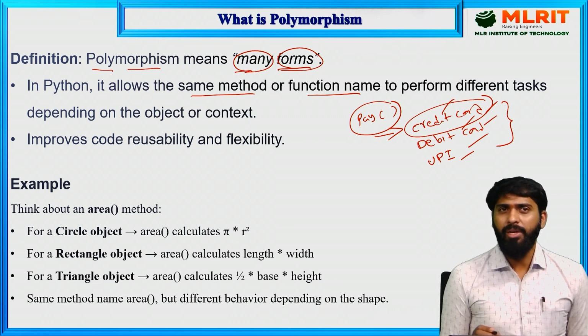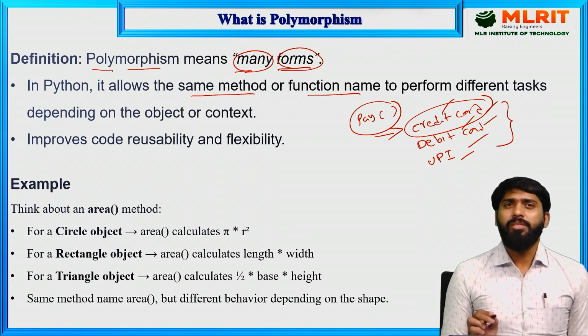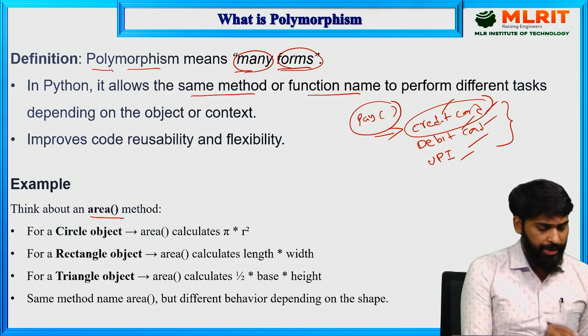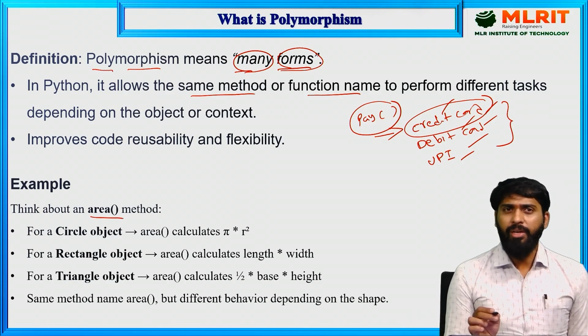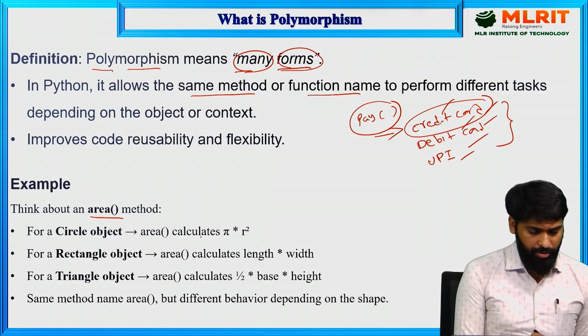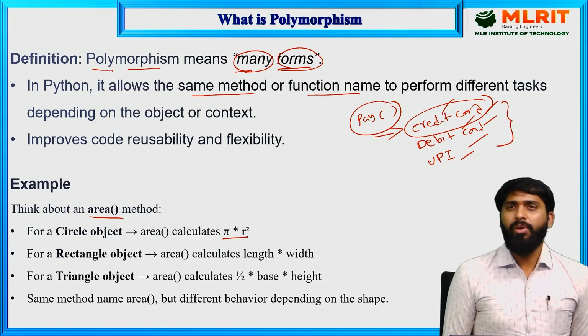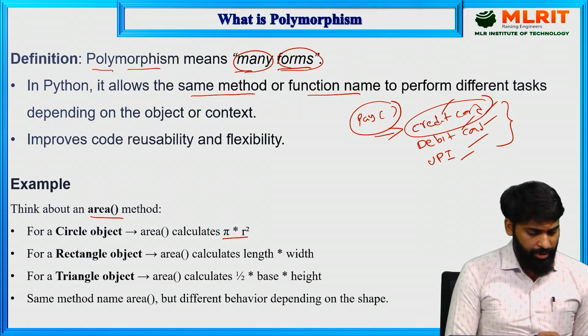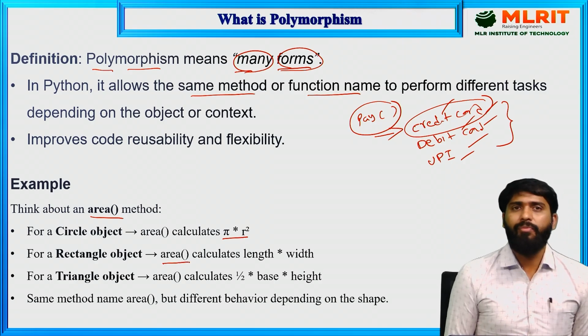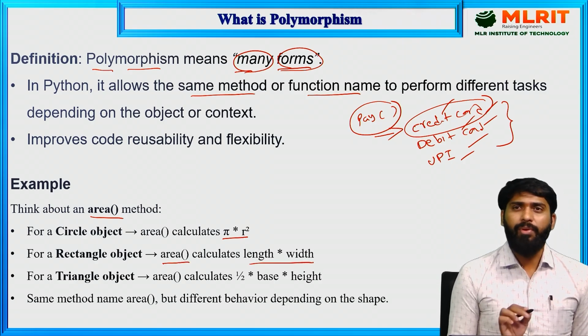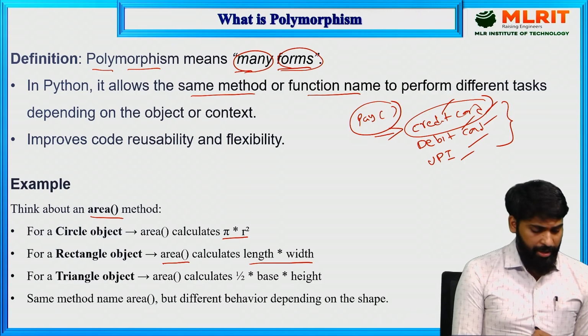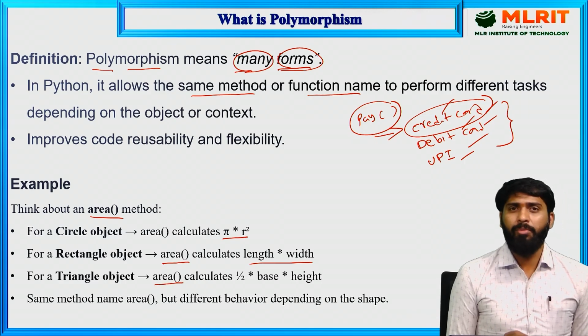Many forms. So for example, think about the area method. I want to find area. For the area of a circle, we use the formula pi r square. If I want to calculate the area of a rectangle, I use length into width. If I want to find the area of a triangle, I use half b into h.